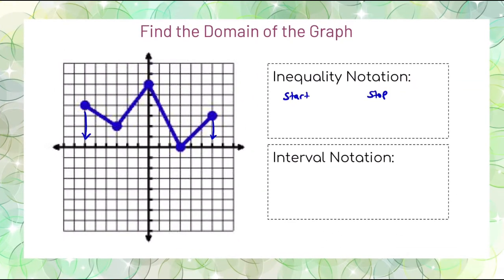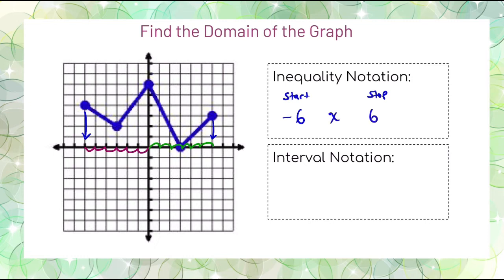Okay, so the start would be, this is 0, so I count 1, 2, 3, 4, 5, 6. -6, because it's to the left. And my stopping value would be 1, 2, 3, 4, 5, also 6. Cool. So from -6 to 6 with x in between.